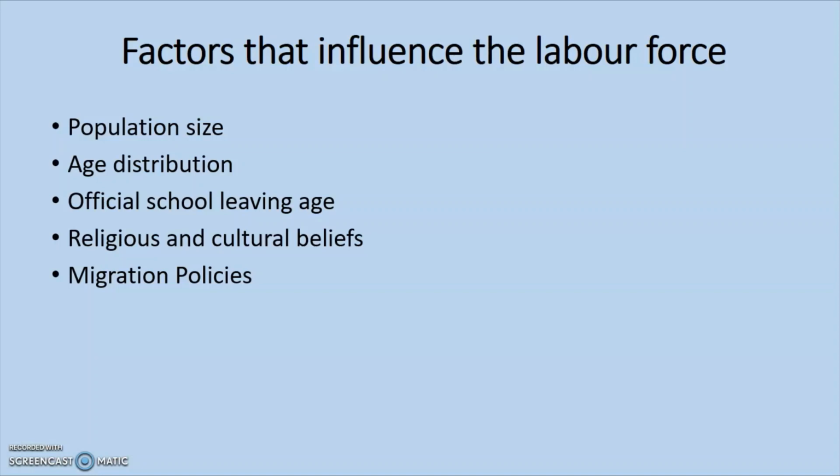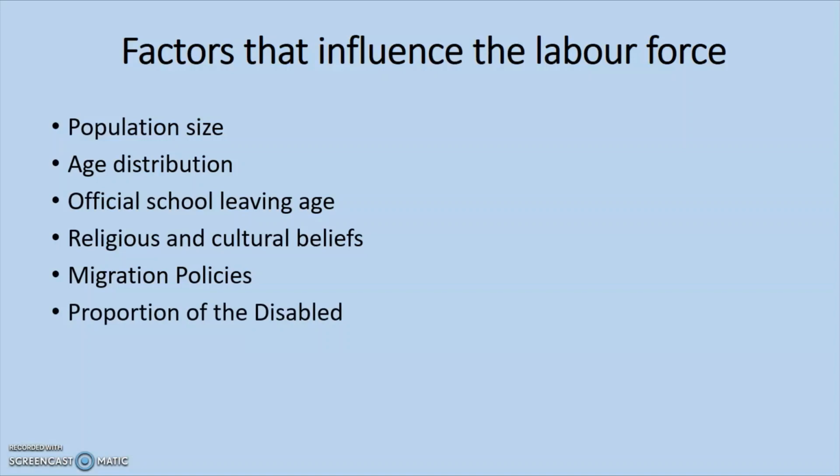Then where we have a strong immigration policy in the country, meaning that a lot of people can easily come into the country, that will be a plus for Ghana as a country. Why? Because it will lead to an increase in our labor force because people are coming to join us. So that is how migration policy will affect the labor force of a country.